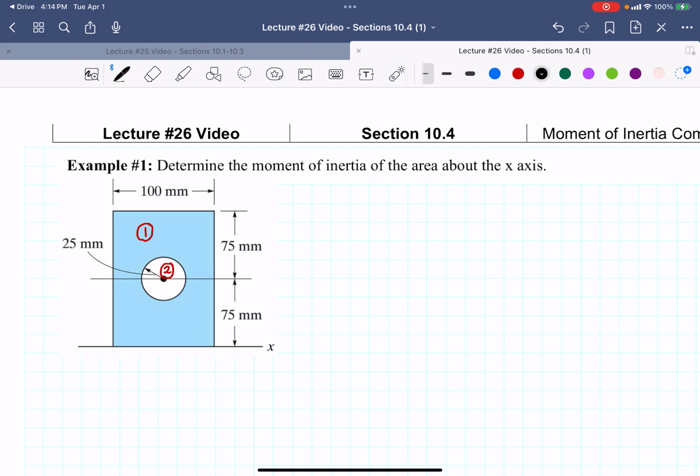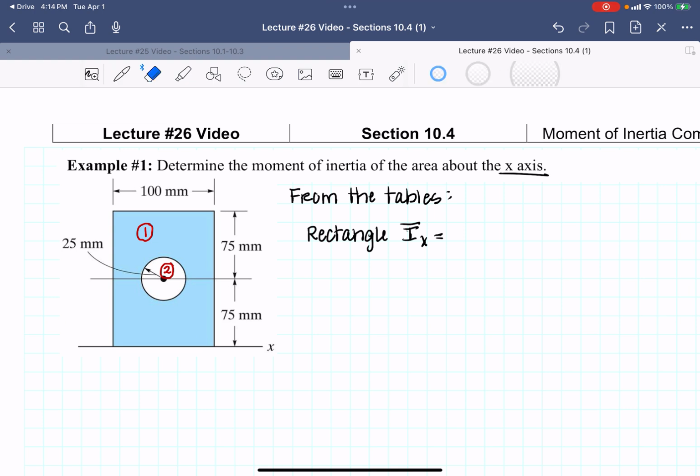So from the tables, now it is asking about the x-axis, so for a rectangle, the moment of inertia about the x-axis, I'm going to put a bar over it to show that it's from the centroid, is 1/12 times b h cubed, base times the height cubed, and for a circle, it is pi times r to the 4th over 4.